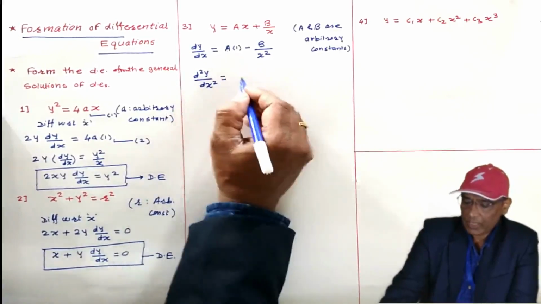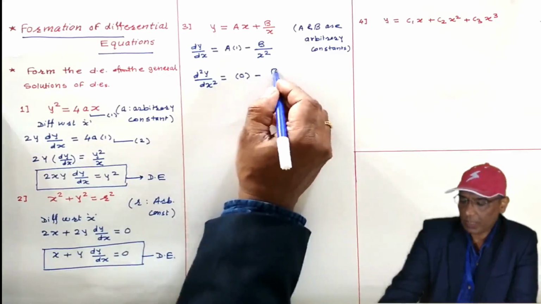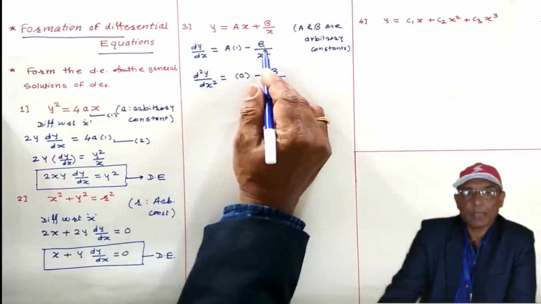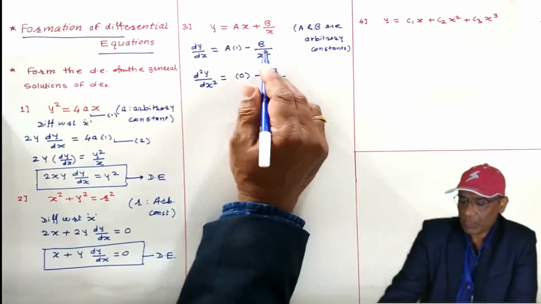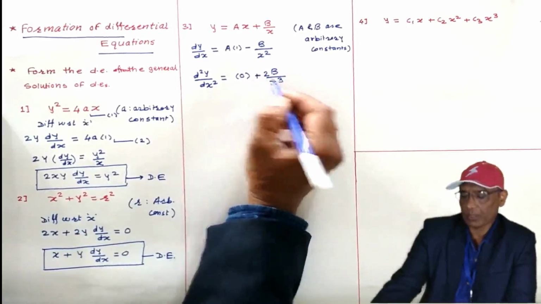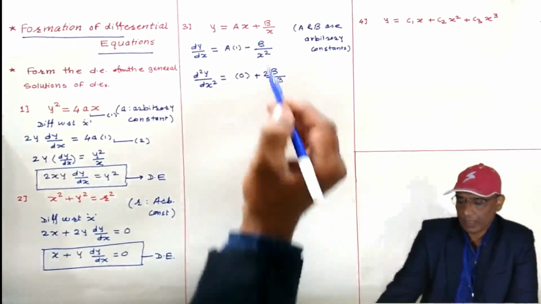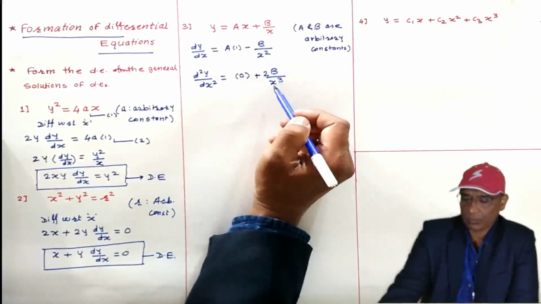Derivative of a is 0 because it is a free constant. Minus b is a multiplicative constant, and the derivative of minus 1 by x square is 2 by x cube, since minus minus will be plus.